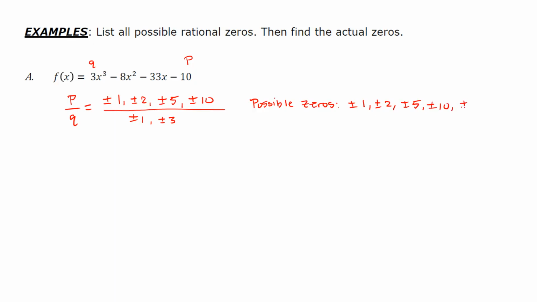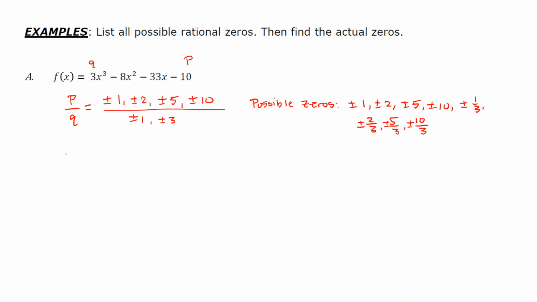Then we'll have 1/3, 2/3, 5/3, and 10/3. Okay. Now that we have the possible zeros, we are going to test to see which possible zero is an actual zero.